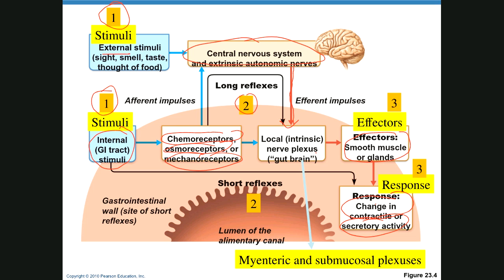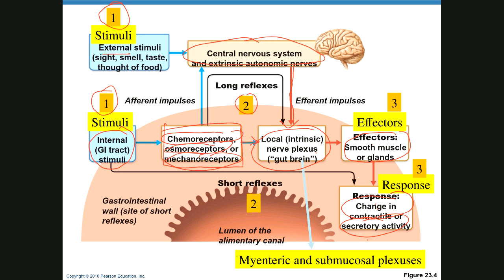So these local interoreceptors are going to stimulate, again, the submucosal plexus and the myenteric plexus, which in turn are going to stimulate the effectors, smooth muscles and glands, and the response is going to be a contraction and secretions.